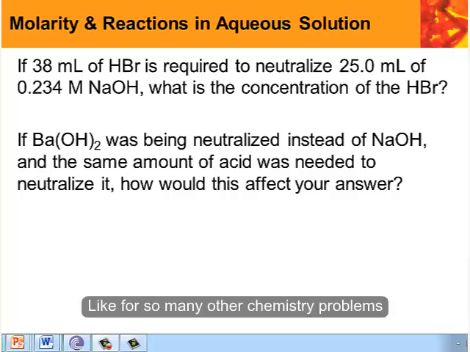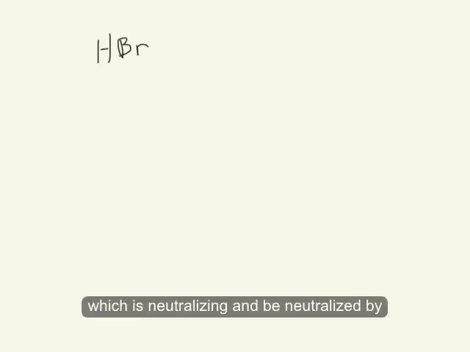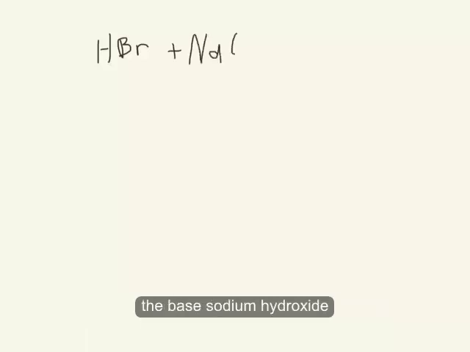Like for so many other chemistry problems, we're going to want to start with a balanced equation for the reaction that's happening. We have our acid, which is neutralizing and being neutralized by the base, sodium hydroxide.